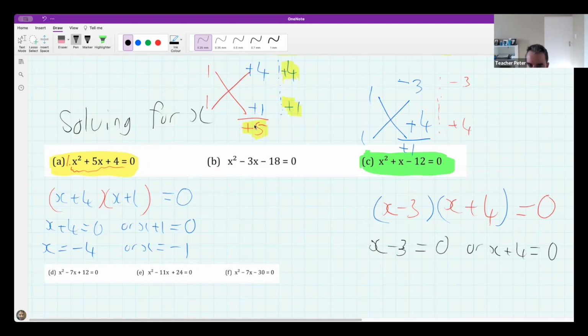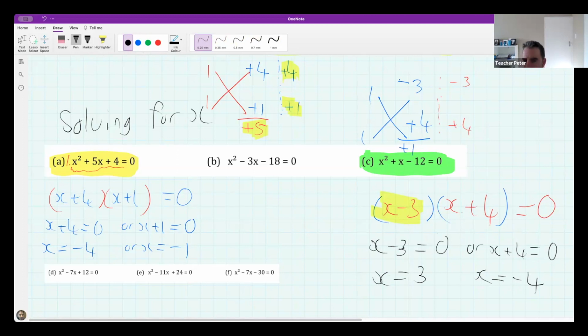Basically, what we're saying is, if we know that one of these brackets is 0, it doesn't matter what the other bracket is. 0 times anything is 0, therefore it's an answer. And we can see there that the answer here will be x is 3 because it makes the yellow bracket 0. The same idea will work for the other one, except x will be -4.